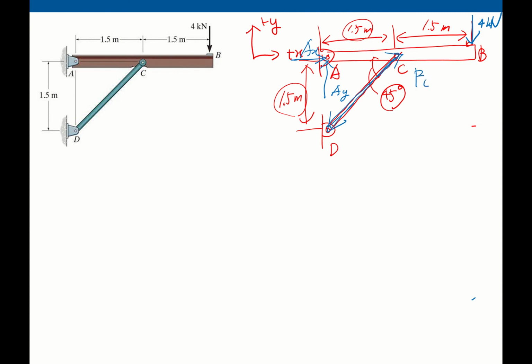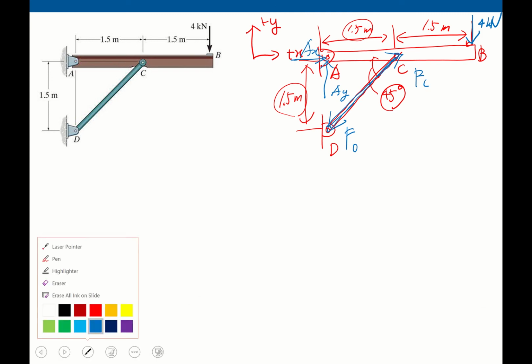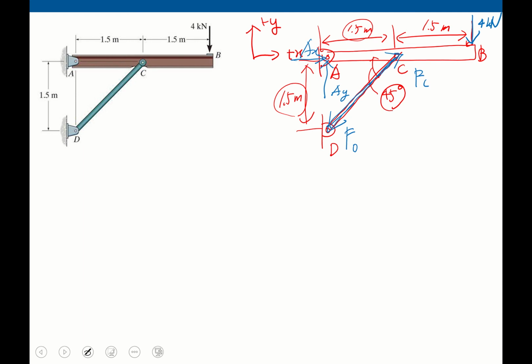So force C and force D are the same magnitude but opposite directions, acting on the same line. Okay, let's solve the problem.